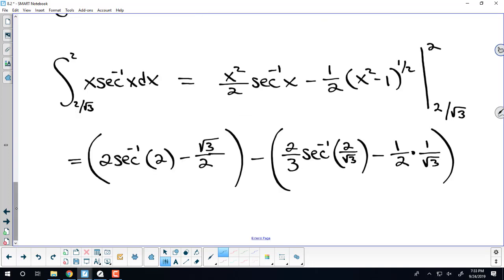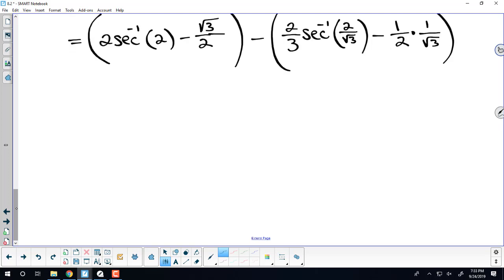So really, you just have to remember the relationship, because most calculators don't have an inverse secant button. They don't have an inverse cotangent button. They don't have an inverse cosecant button. So you have to remember the relationship between the secant and cosine, and then the identity for the inverse secant follows, or inverse cotangent or inverse cosecant.